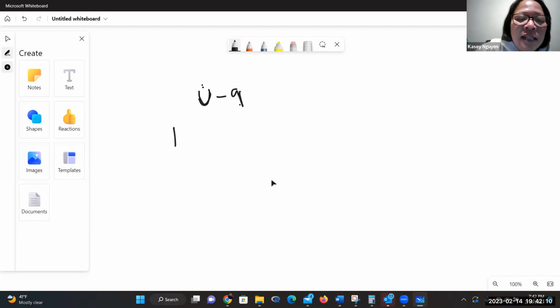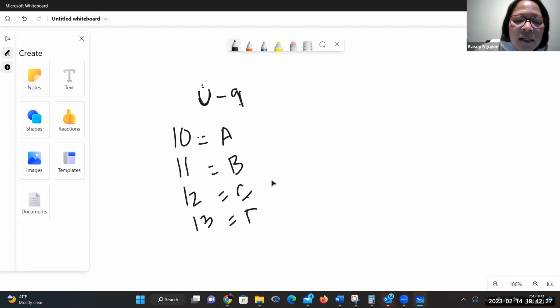And when you have a 10, that's going to be A. So 10 in decimal is A in hex. 11 is going to be B. 12 is going to be C. 13 is going to be D. 14 is going to be E. And then 15 is going to be F.